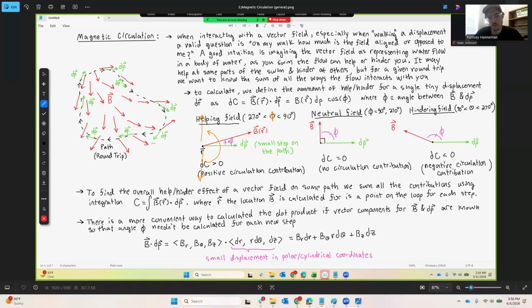So you're falling in that range where there's at least some magnetic field pointing in the direction you're taking a step. A neutral contribution would be 90 degrees or 270 degrees, where there's no field component in the direction of your step. And then the hindering field is when B has some component that is opposing the step you're taking.